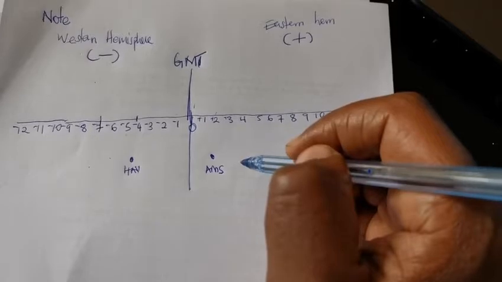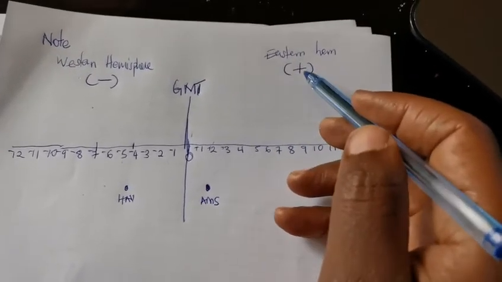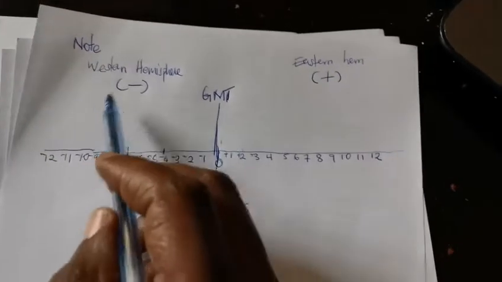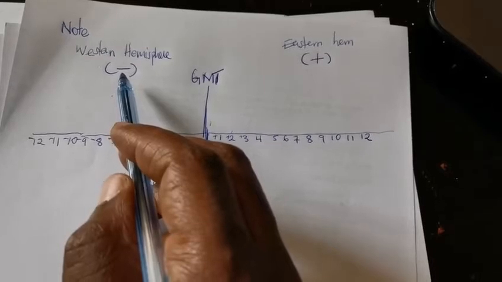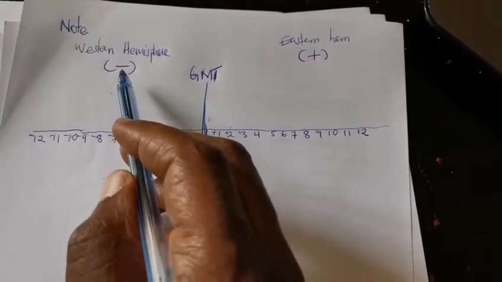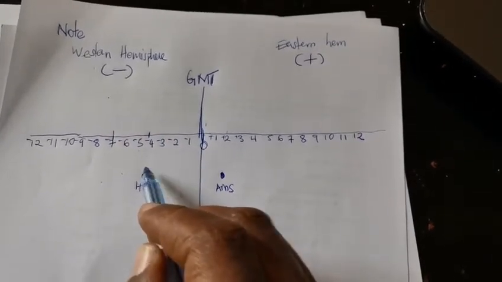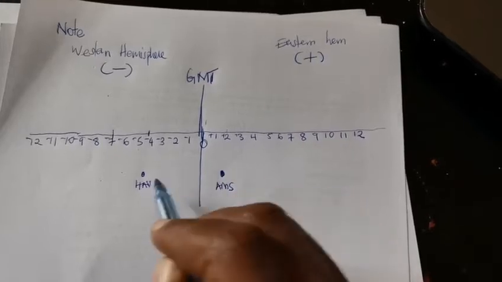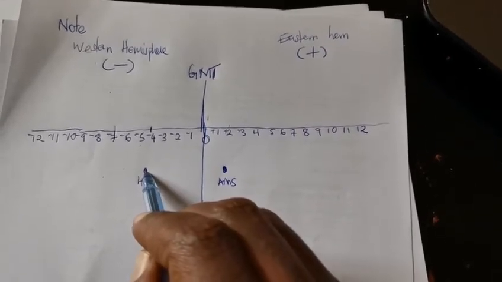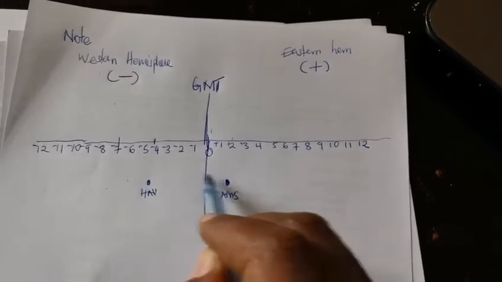So what does this mean? One point is on the positive time zone, the Eastern Hemisphere, and another is on the negative time zone, the Western Hemisphere. It means that Amsterdam is ahead of Havana, isn't it?